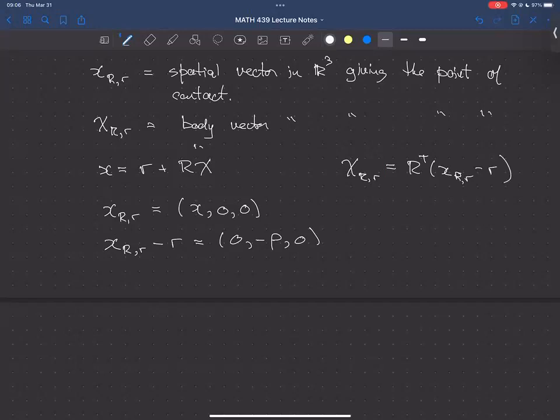And so this is minus rho R transpose s2, because this point is minus rho times s2.